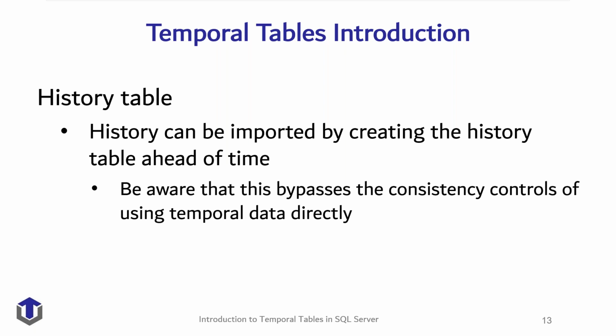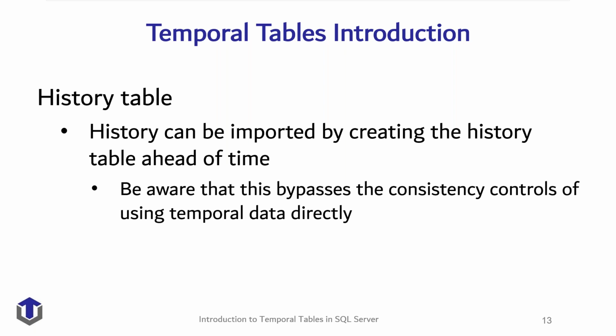Honestly, I found the easier thing to do from a syntax perspective, and just to make sure that you've got the correct metadata, if you do need to create a history table and then load it with some data, my best recommendation is go ahead and create your temporal table, specify the name of the history table. It's going to create that empty history table, and then turn off the temporal table functionality on the table you just created.